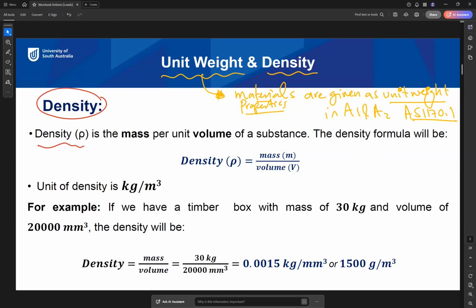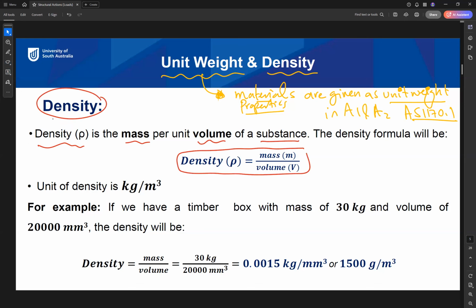Density, or rho, is the mass per unit volume of a substance or of a material. So the formula is rho equals mass per volume.